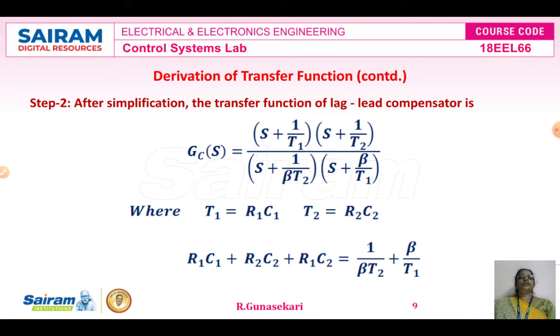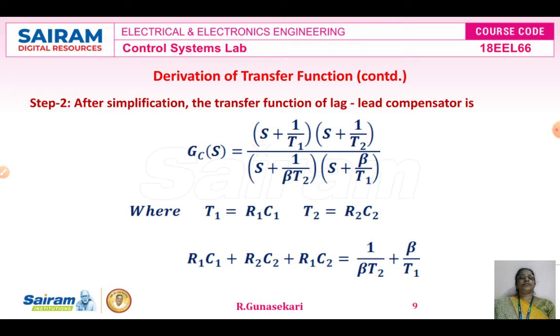The continuation of the derivation of the transfer function. Step 2: after simplification of the transfer function V0(s) divided by Vi(s), we get the general transfer function of a lag lead compensator: Gc(s) equals, numerator (s plus 1 by T1)(s plus 1 by T2), denominator (s plus 1 by beta T2)(s plus 1 by beta T1).